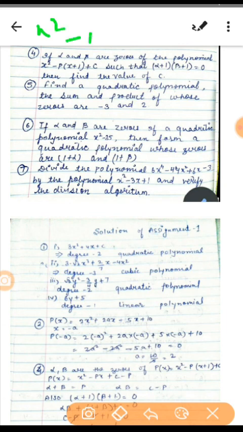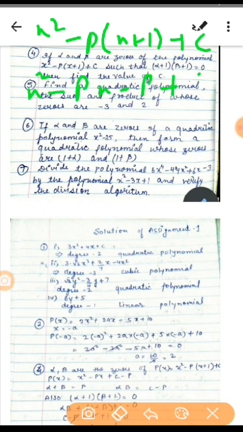So from c, what can I write? Polynomial is x square minus p into x plus 1 plus c. Let me write it as x square minus px minus p plus c.